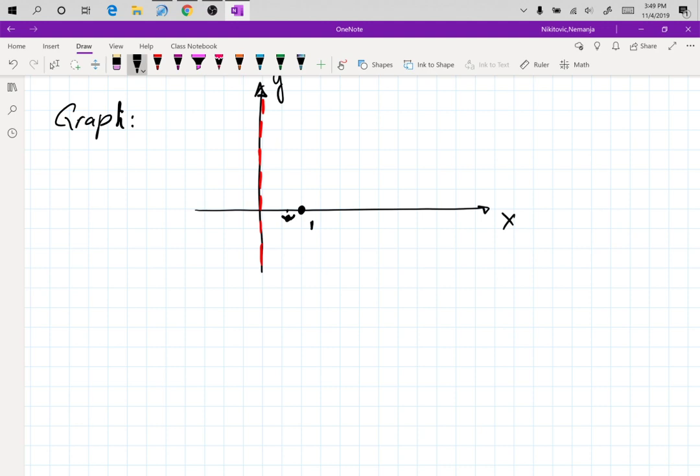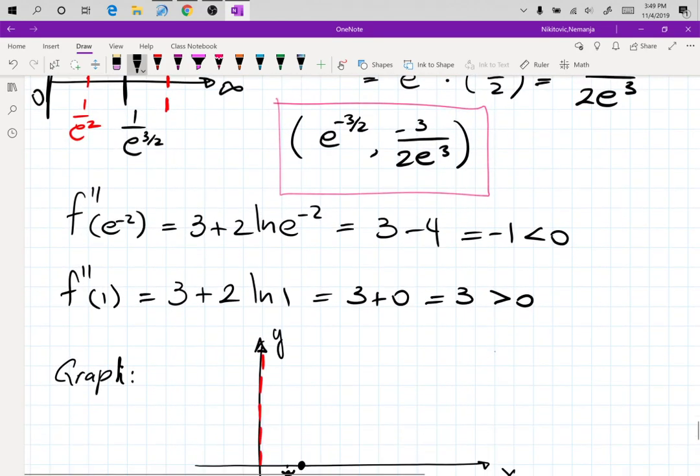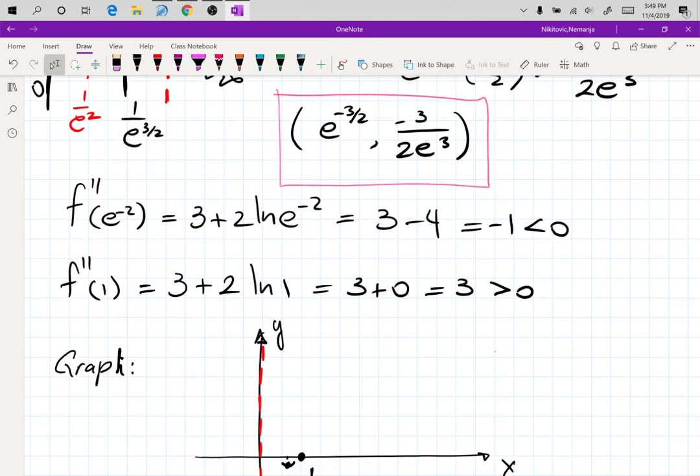Did you put parentheses? Double check. Yep. Got it? And we have a critical point e to the negative 3/2.